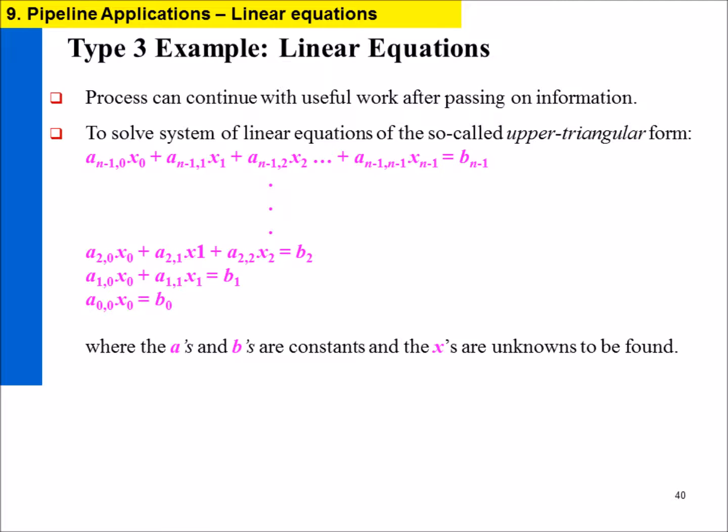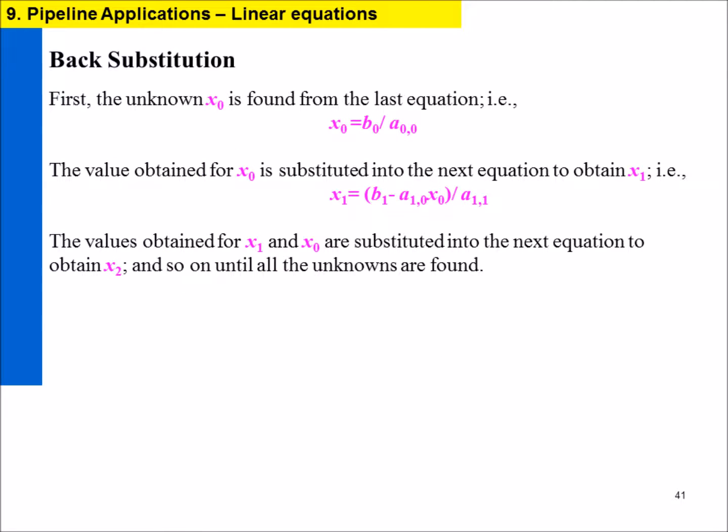Then the values obtained for x1 and x0 are substituted into the next equation to obtain x2, where x2 equals b2 minus a20 x0 minus a21 x1, divided by a22. And so on until all the unknowns are found. Clearly, this algorithm can be implemented as a pipeline.